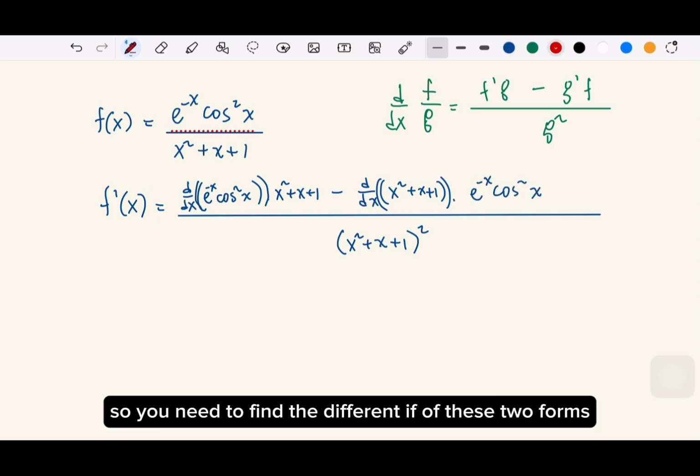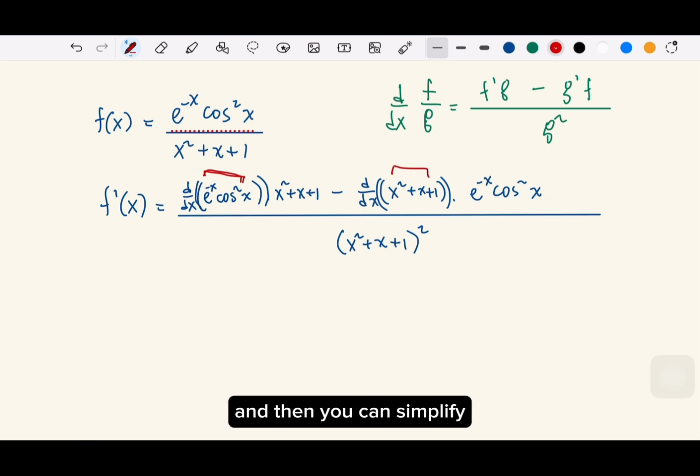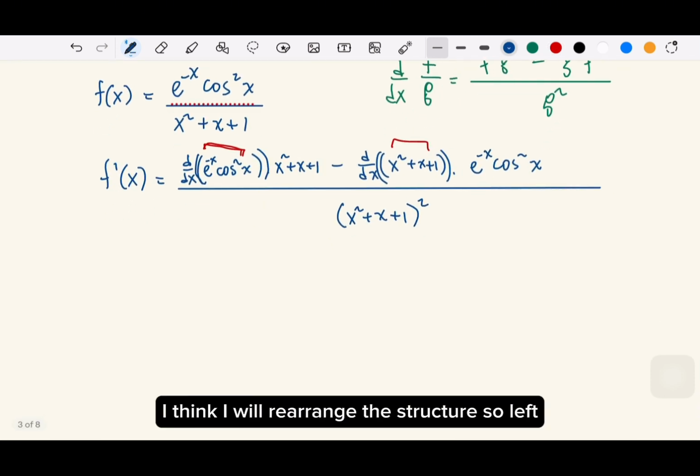So you need to find the derivative of these two terms, and then you can simplify it and that's the answer.